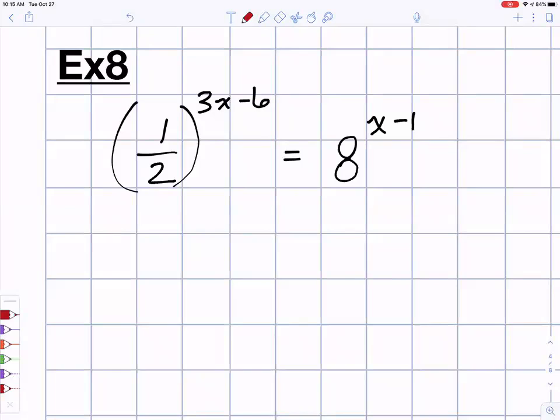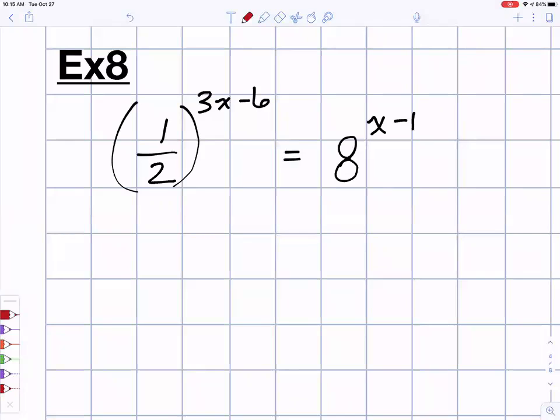I'm still down on the 0x. x equals 3/2. Yes.